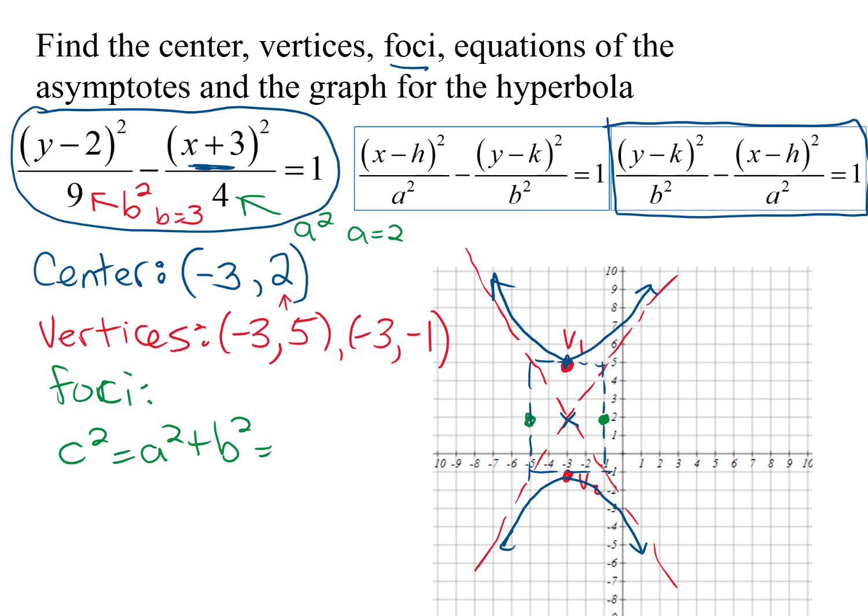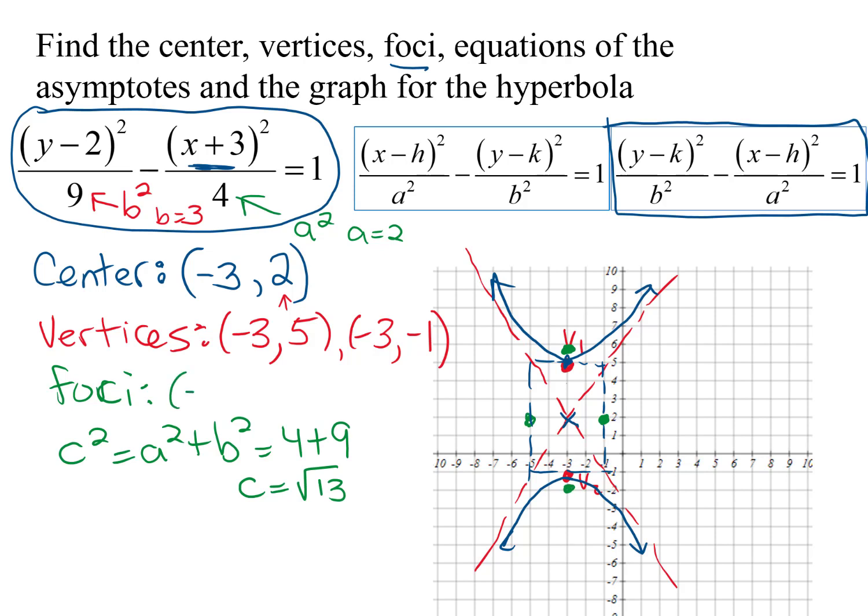And a squared was 4 and b squared was 9. So c is going to be the square root of 13. So from the center, I move up the square root of 13, which is about 3.6, and make a focus. And then from the center, I go down that same square root of 13 and make the other focus.